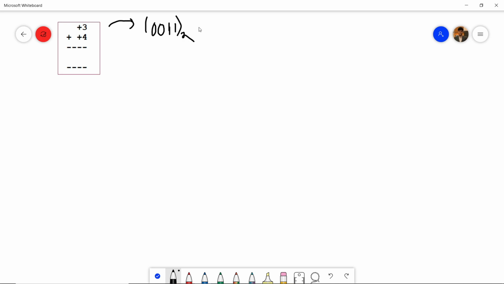This is my binary, and like I said, my 1's complement will be the same: 0, 0, 1, 1. For plus 4, my binary will be 0, 1, 0, 0, and my 1's complement will be the same.